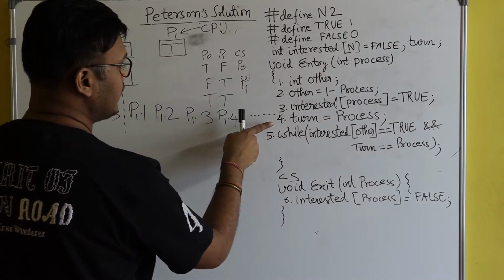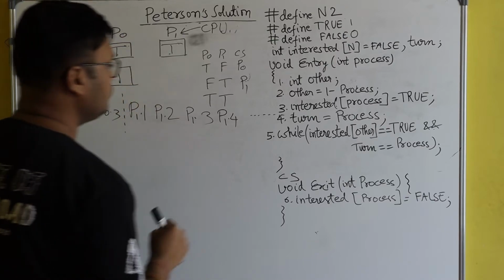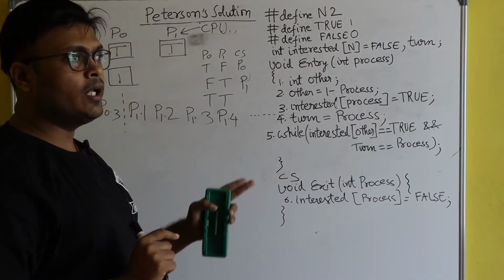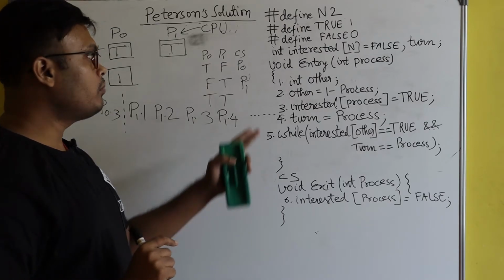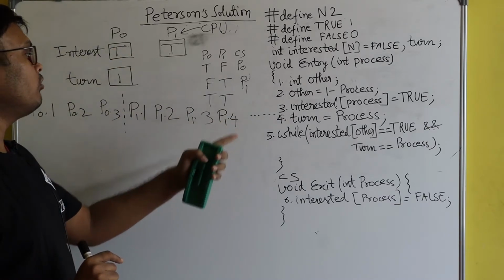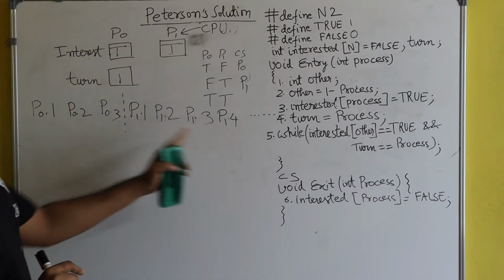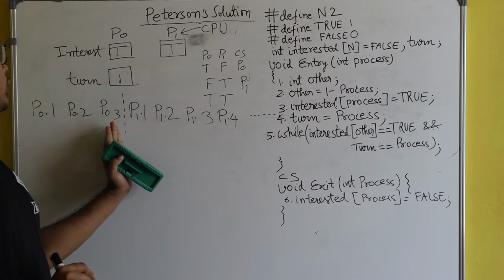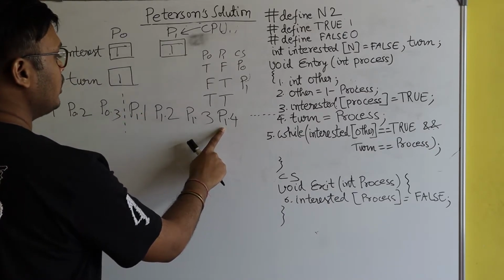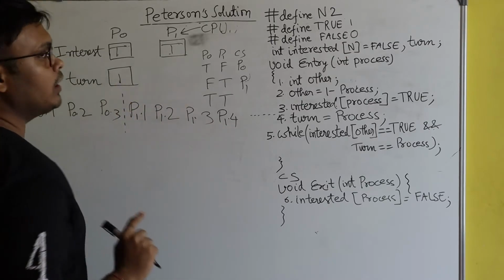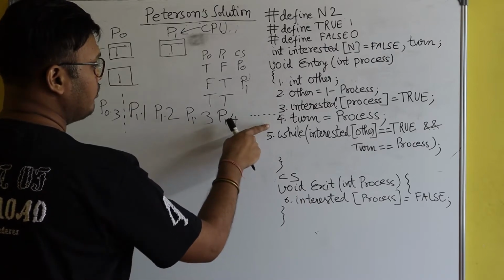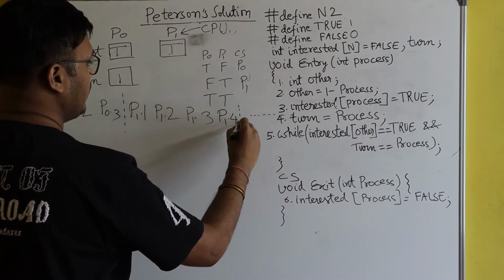Just remember, this time the value of turn is set by P1 first, because P0 has not yet set the value of turn. Before P0 could set the value of turn, the context switching happened. So P1 accessed the turn variable first. Remember this point.